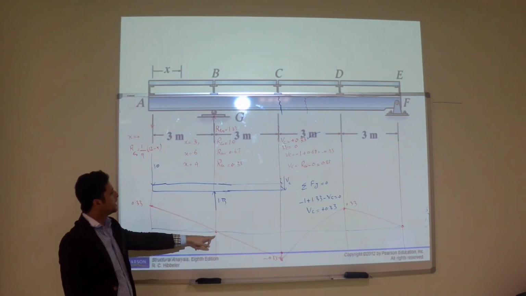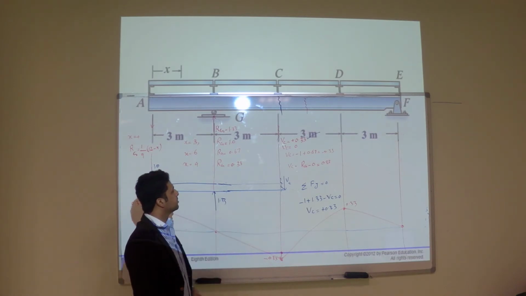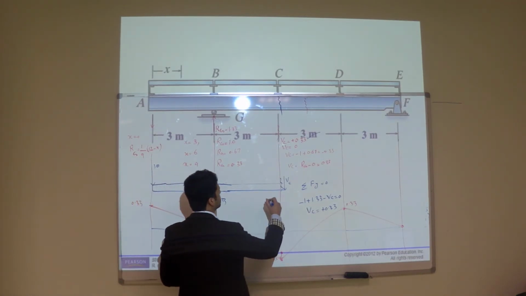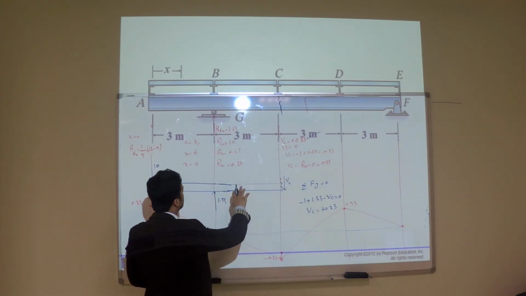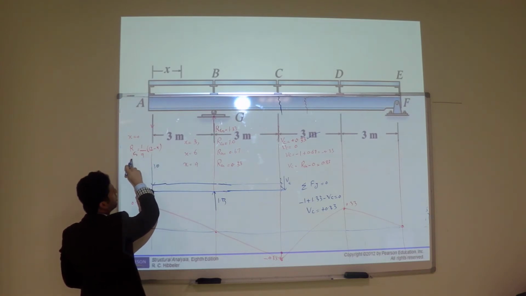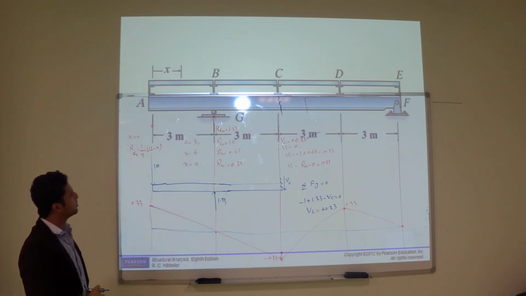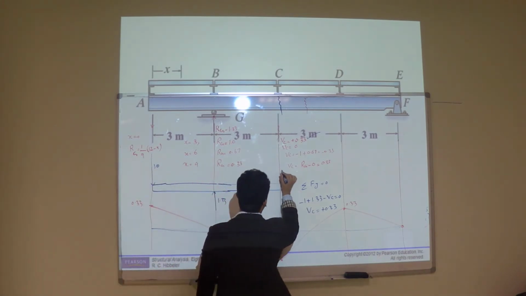Now if your load is at point C, or x is equal to 6, how much will be the reaction? 0.67. I just consider the load.